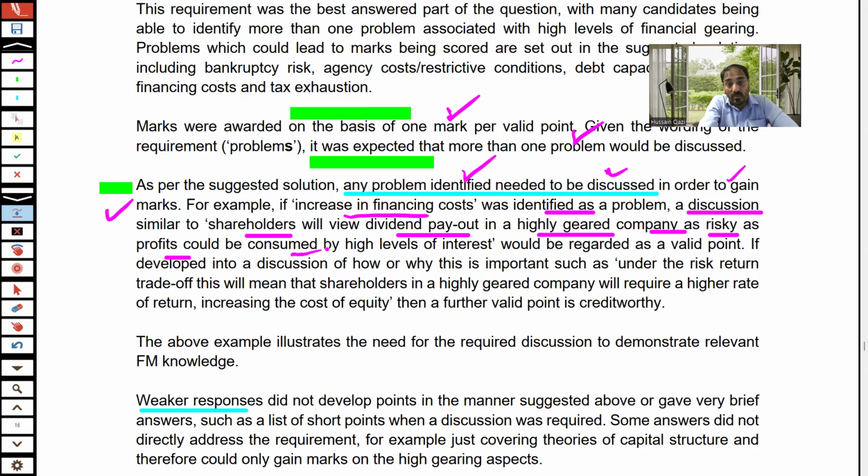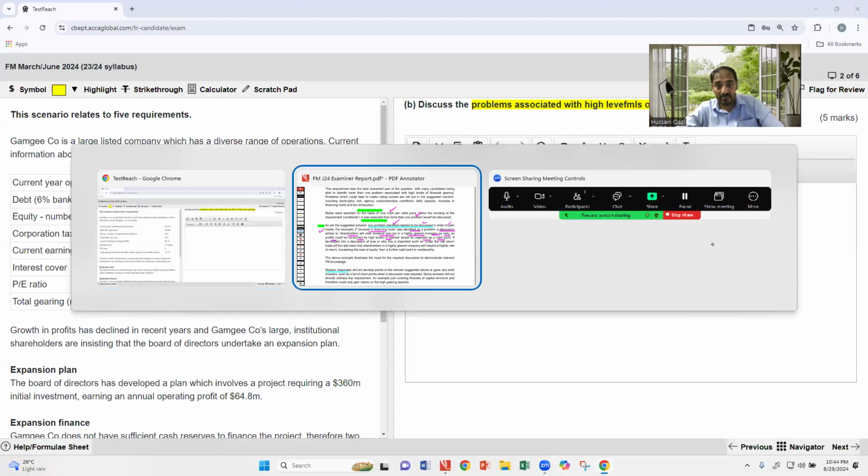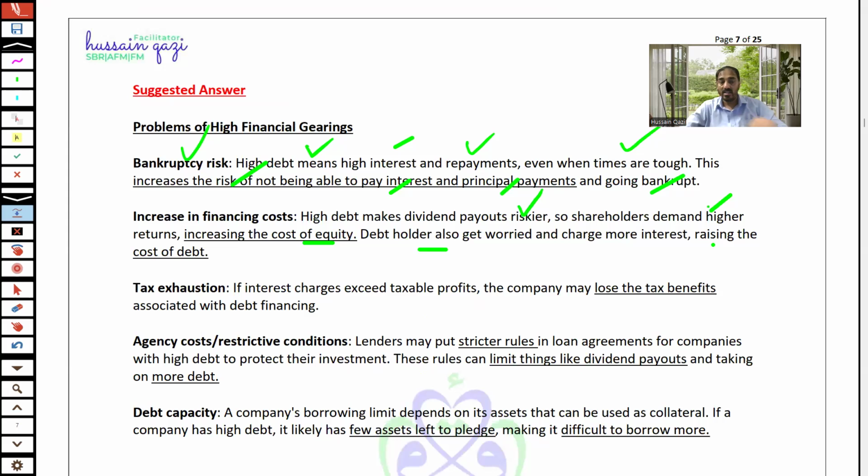Profit would be consumed, high level of interest would be regarded as a valid point. Once again, our solution: increase in finance cost is identification of the problem. But you need to explain the thing. How this problem will affect highly geared companies. You have to justify your answer. That's a point.